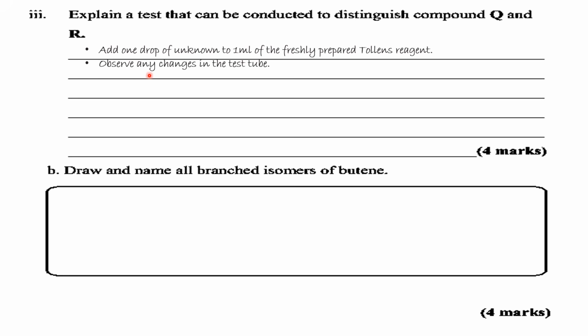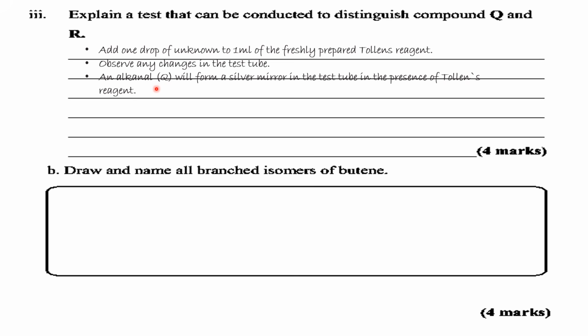Then observe any changes in the test tube. Observe any color changes in the test tube. An alkanol, which in this case is Q, will form a silver mirror in the test tube in the presence of Tollens' reagent. So a silver mirror is the positive test for an alkanol.